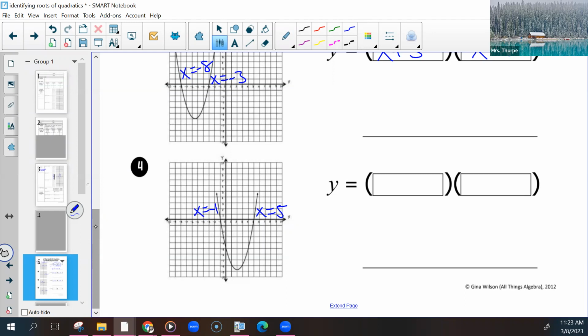Think about how we wrote the other ones. Are they going to have the same symbols or opposite? Both are opposite, yes.